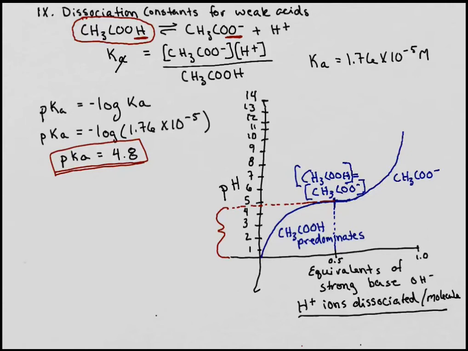So what we can recognize is that the stronger the acid, the more pHs over which it is deprotonated. Notice that for acetic acid, it is present in the predominantly deprotonated form over the pHs 4.8 through 14. That's a large region of the pH scale.